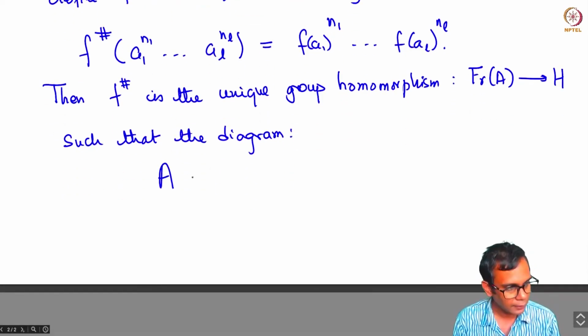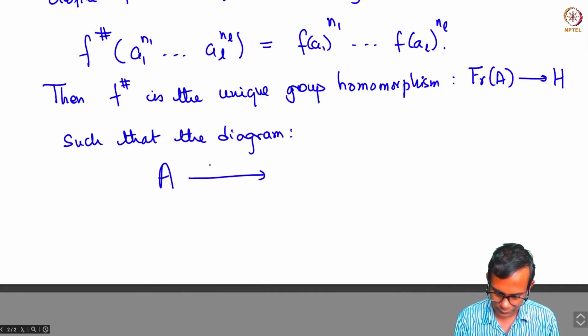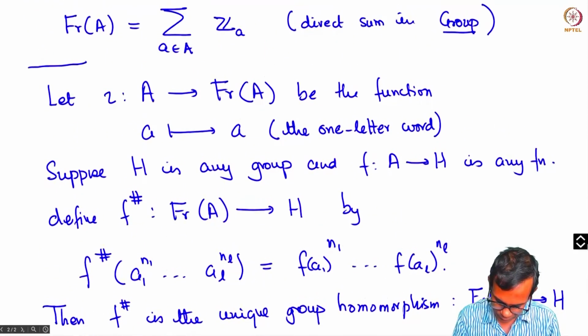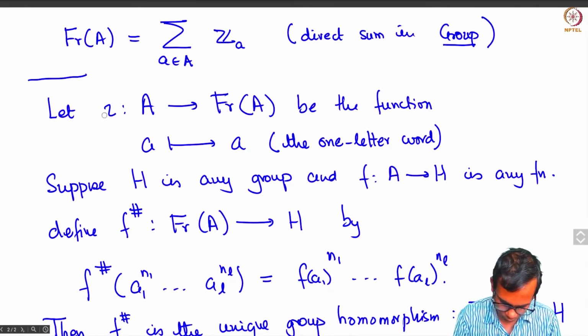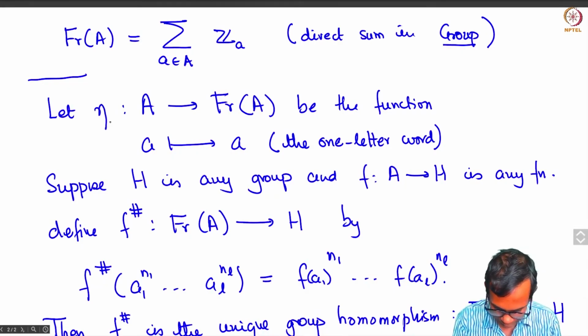We have A, we have, so let me just do a slight suggestive change of notation here. Let me call this, instead of iota, let me call this eta subscript A.